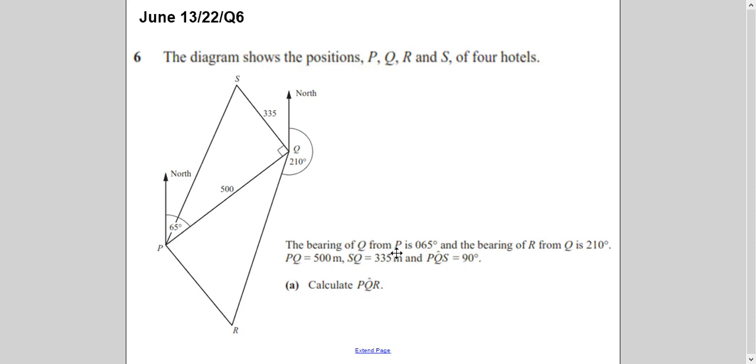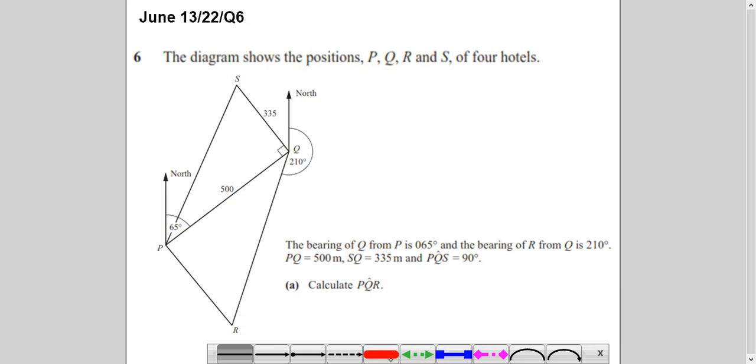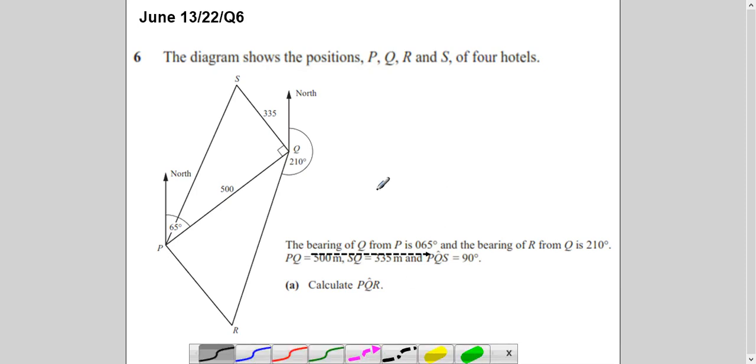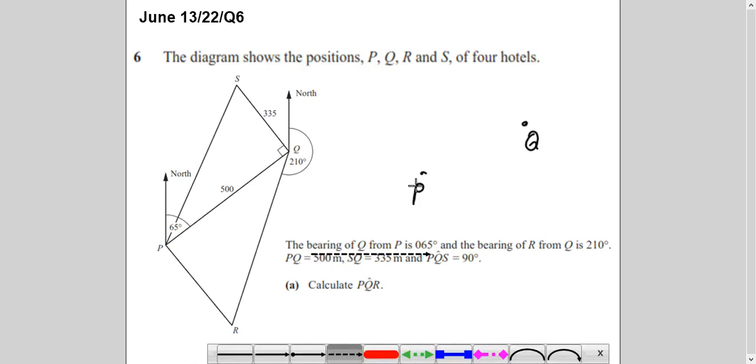Now I would like to explain a concept of bearing a bit, because wording is very important. When the question says the bearing of Q from P, you can see in the original diagram, this is P and this is Q, right? Whenever in the language of bearing you are saying from P, it means you have to draw north there.